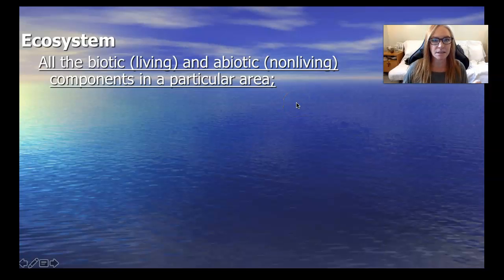An ecologist can choose to study a whole ocean, like the ecosystem of the Arctic Ocean, or they can focus in and study a particular coral reef or a particular tide pool. Whatever they define as an ecosystem when they're doing research, that's an ecosystem. For class, we are going to look at the larger ecosystems that are delineated by type in the marine environment.